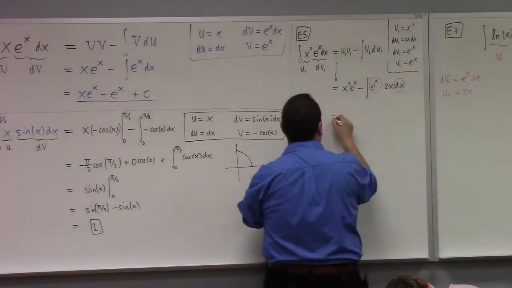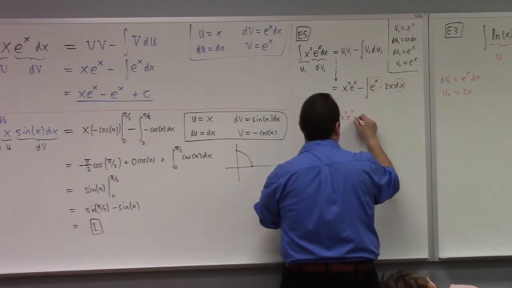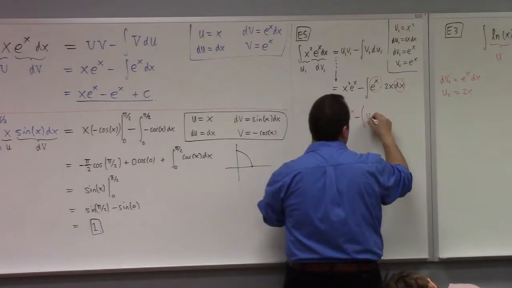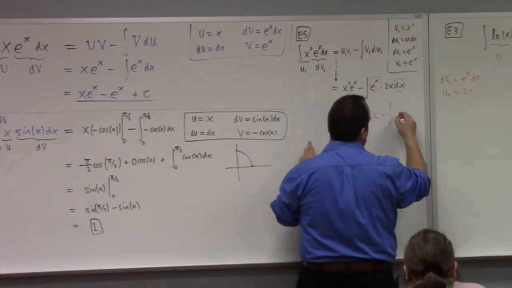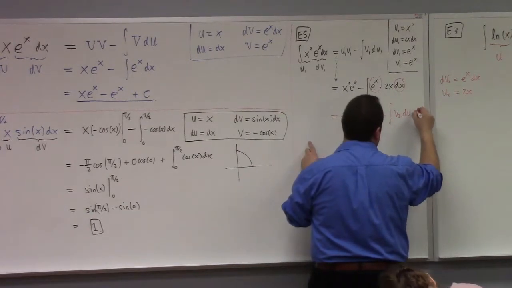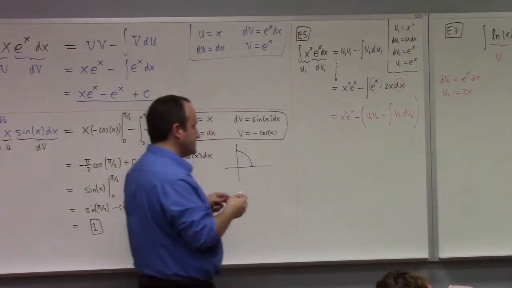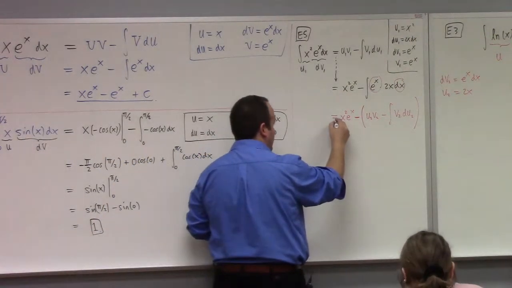So that's going to be equal to x squared e to the x, that's still out there, minus, parentheses are your friends, u2 v2 minus the integral of v2 du2. All right, let me scooch this over here a bit.